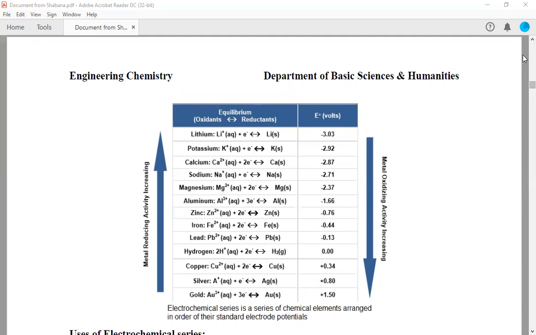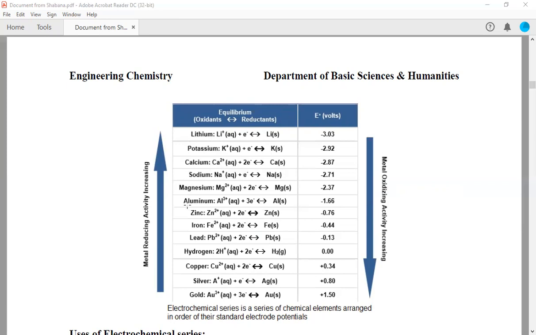That means the metal which is higher in the electrochemical series acts as a reducing agent, or it acts as an anode and undergoes corrosion first. The reducing power of the element decreases.